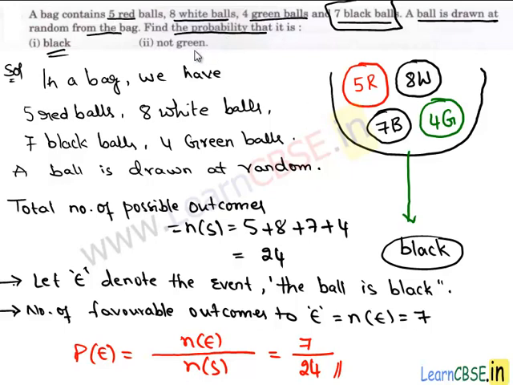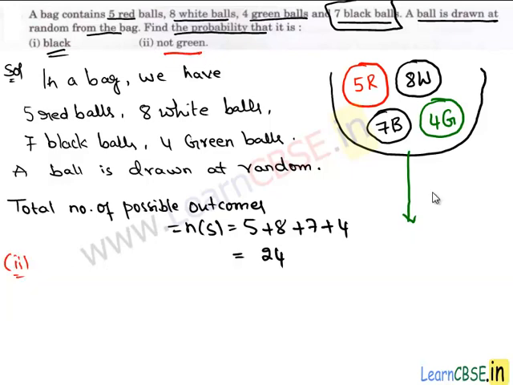That is, the probability that the ball drawn is not green. Here we have to find out the probability that the drawn ball is not green. We can find this solution in two ways. The drawn ball may be black, or it may be red, or it may be white.